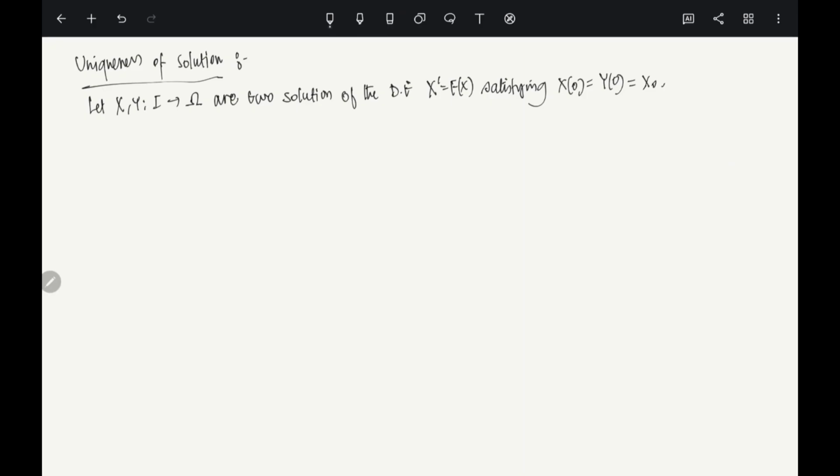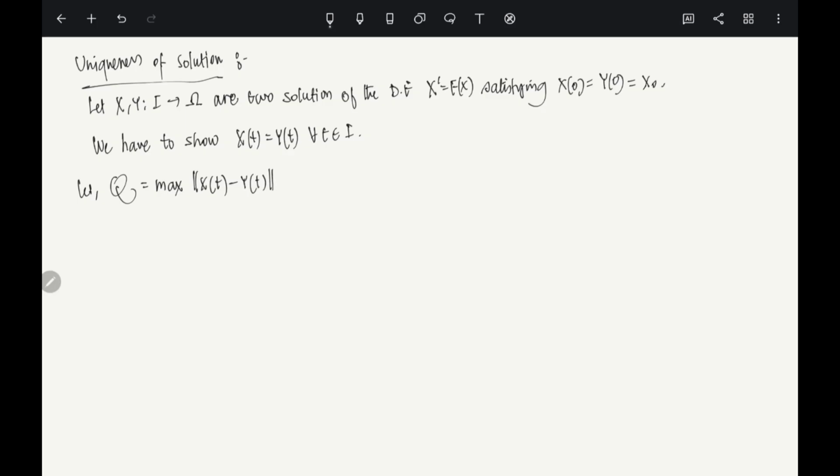Okay, now you see I have to show that x is equal to y, right? So we have to show x of t equals y of t for all t in I. So let q be nothing but the maximum of the norm of x of t minus y of t.